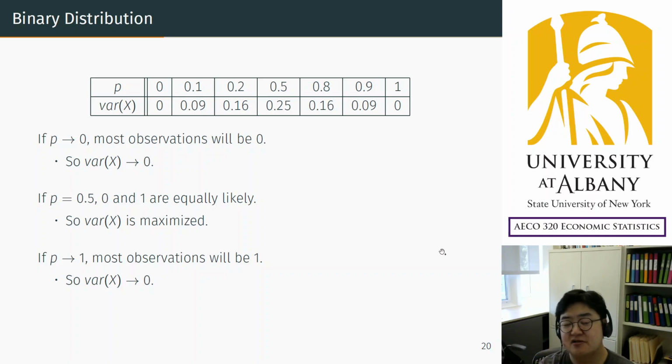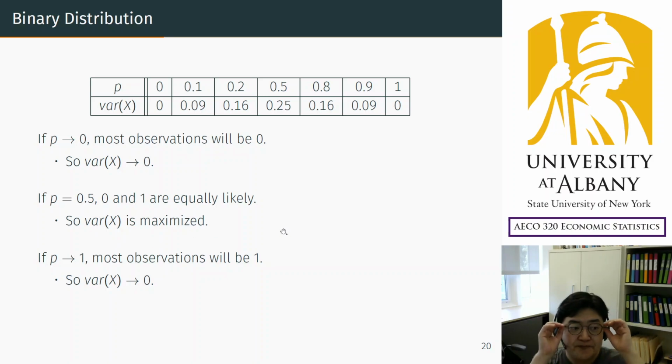When the probability of success is 50%, it's like coin flip. That is the most chaotic case. You cannot expect whether it is a failure or a success. That is the most uncertain distribution among binary distributions. Most uncertain binary distribution. So that is when the variance is maximized.